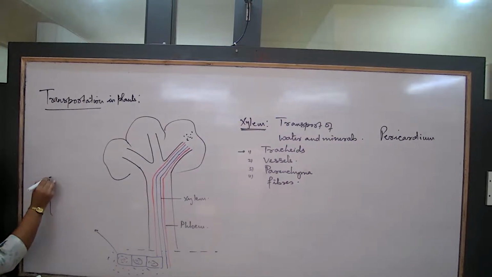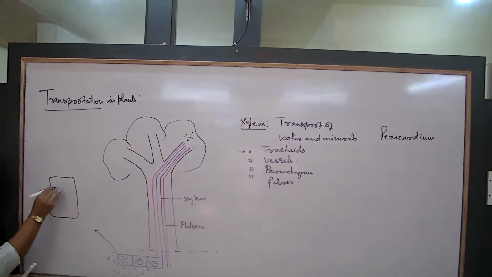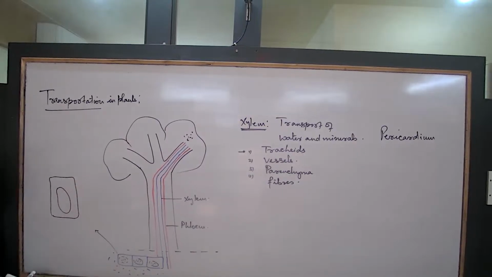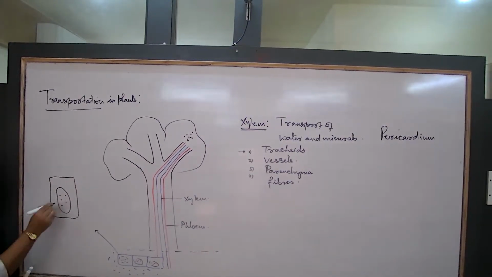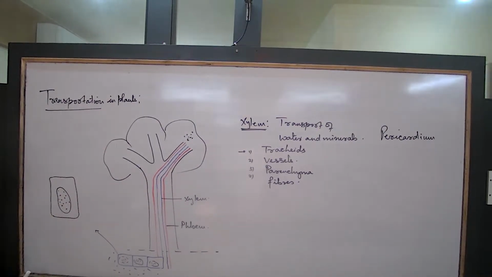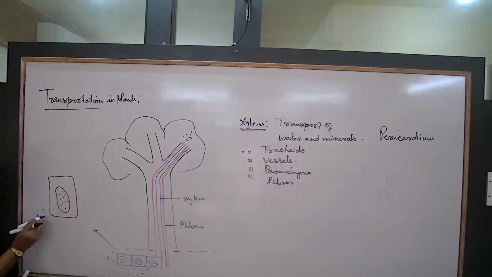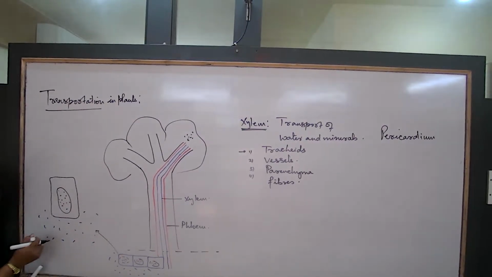Now, this is the root cell that I'm talking about. This root cell has got the vacuole. The vacuole has got the solute and the water molecule. Now when I talk about the water molecule, I'm going to compare the water molecule in the soil and in the cell.